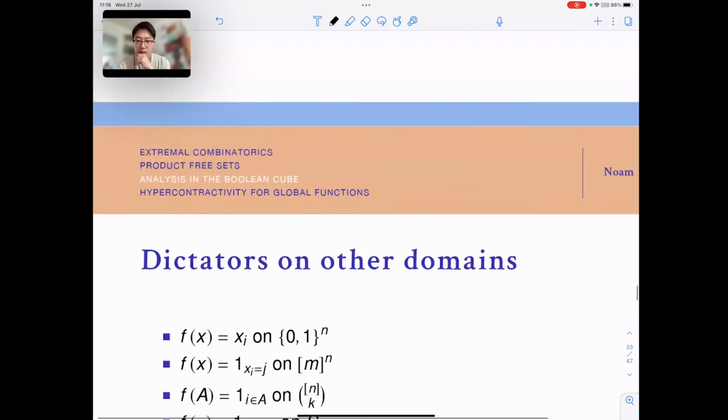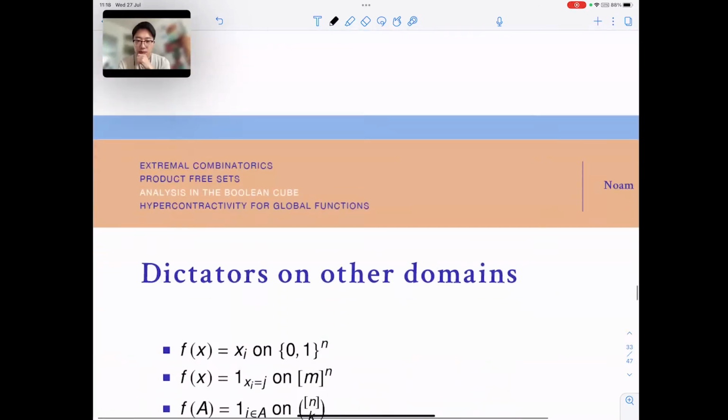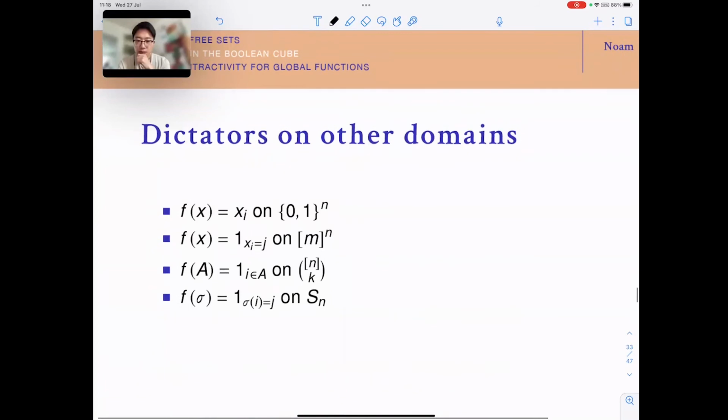It turns out that when we look at other domains, the only thing we need to understand in order to do Fourier analysis is what the dictators are. Once you have dictators, you can talk about hypercontractivity. So what are the dictators in all of these domains? In the Boolean cube, we have the dictator f(x) equal to x_i.